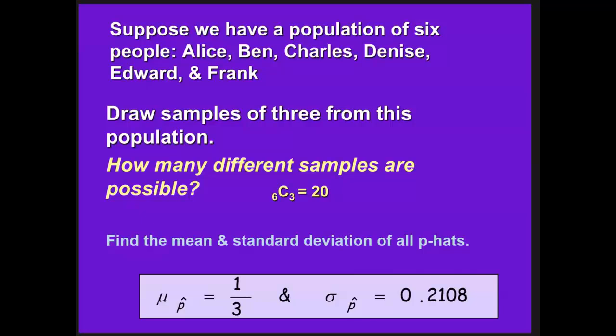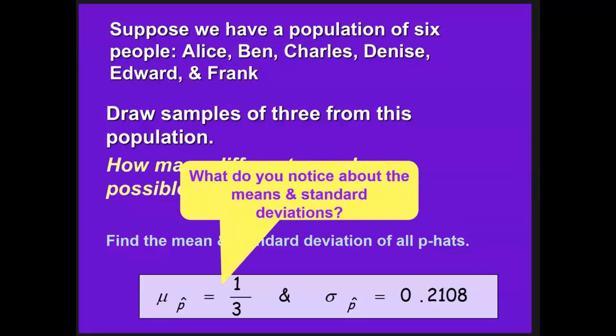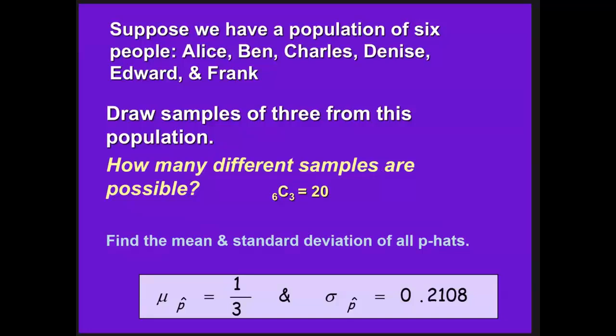The question is, what do we particularly notice about the mean and the standard deviation? Well, hopefully we noticed that the mean was the same, whether it was sample size 2 or sample size 3. And then again, that standard deviation is a little tricky. What do we notice happened from the last time to this time? Hopefully you got the conclusion that it went down, got smaller, and it turns out there's actually still another pattern going on.